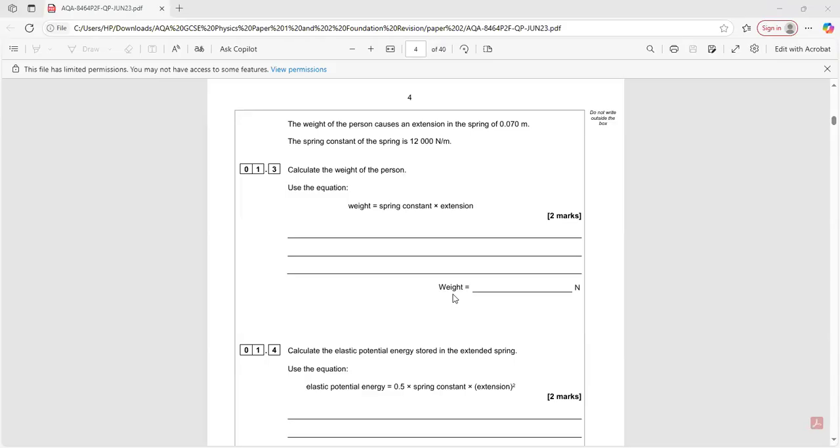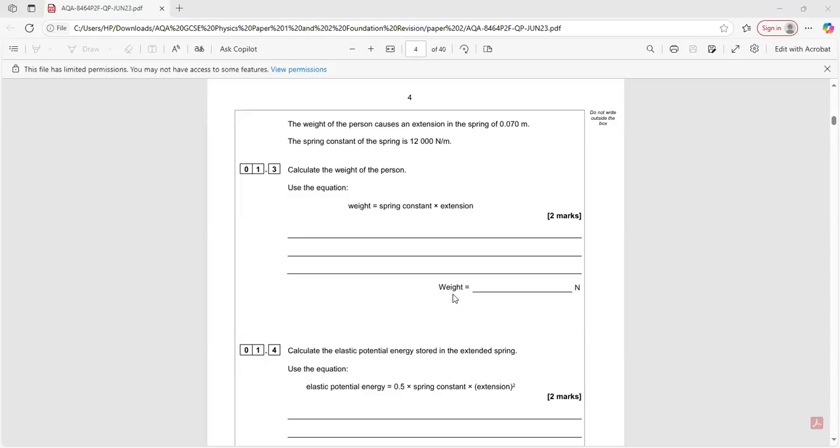Just look at what's involved. Spring constant is 12,000. What you are multiplying it by is 0.070. Apart from the simplicity of the multiplication, which will involve moving the decimal point in 0.070 three places to the right because of the three zeros in 12,000, the other thing you need to take note of is the unit.